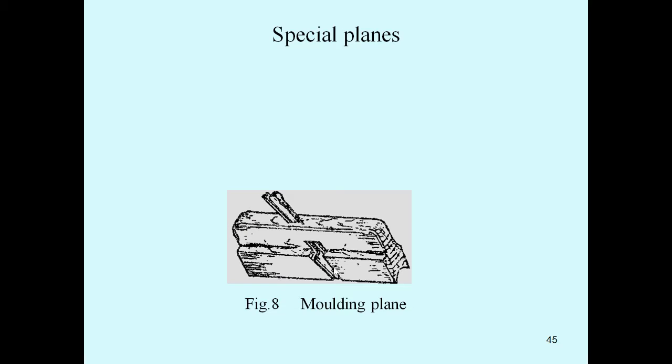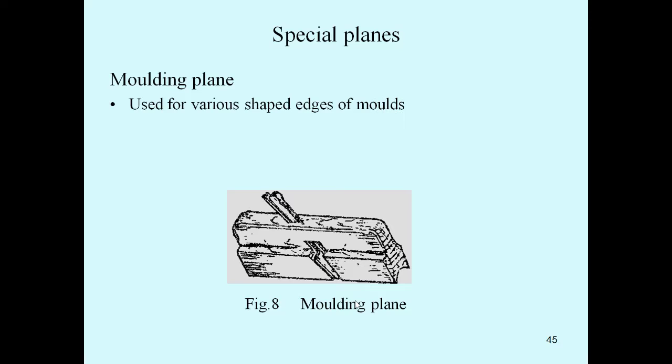There is another special plane that is called a molding plane. You can see here, the molding plane. This type of molding plane is used for various shaped edges of molds. The cutter is made in different shapes.